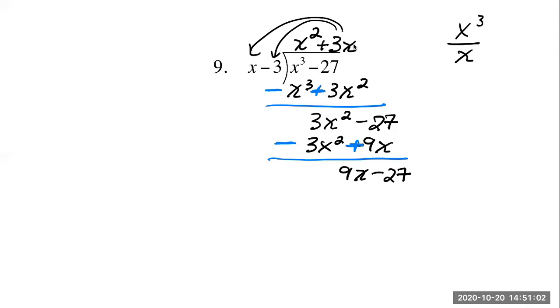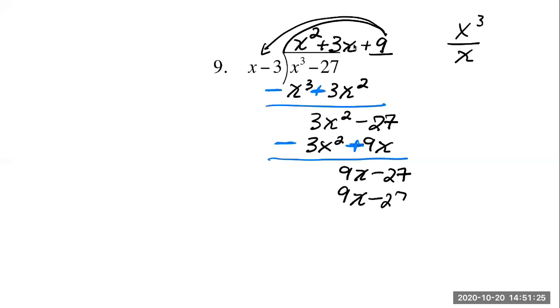And then finally, you have plus what times x to get 9x. And that would be a 9. And that distributes to both of those terms. So we get 9x minus 27. And we add or subtract, sign switch, and we get a remainder of 0.